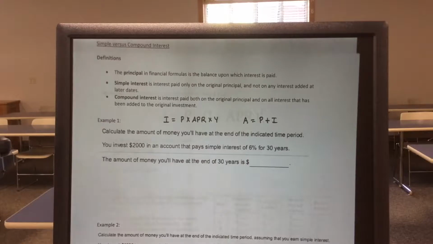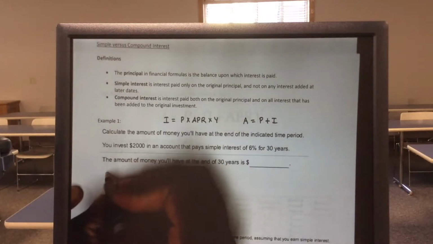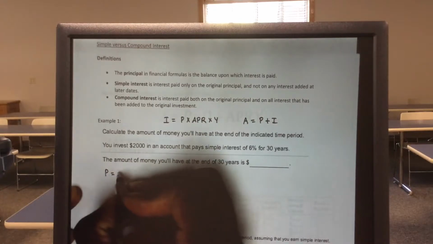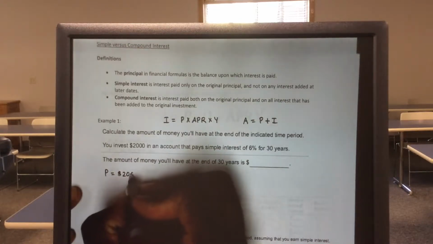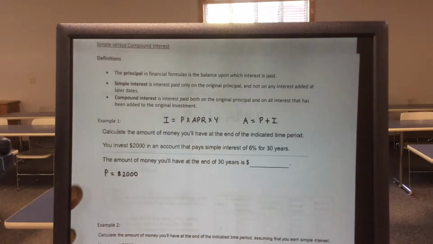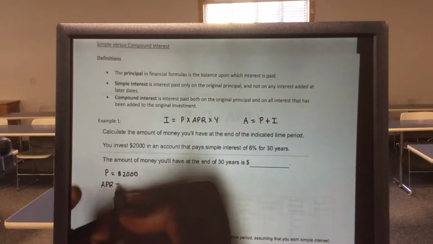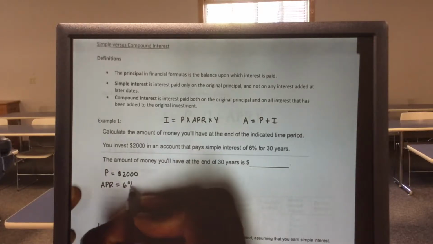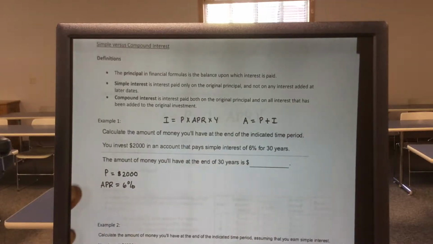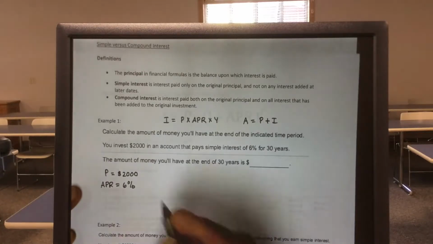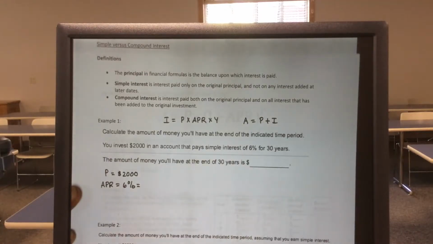So in this case here, your principal is $2,000. The APR, which is the annual percentage rate, that is 6%. Now, we need to convert 6% to a decimal.